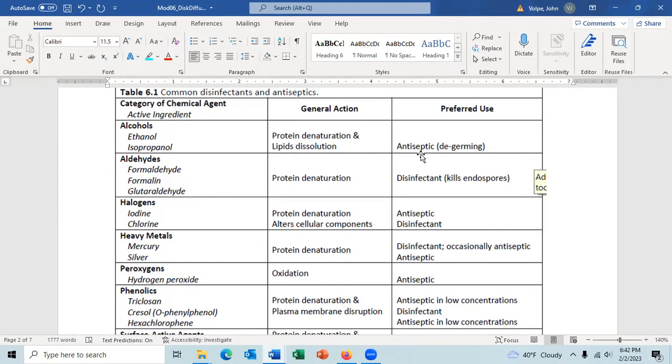We do not get rid of all of the bacteria or microbes in that area. And endospores in particular, though it does not state it here, would not be killed by alcohols. Then there's formaldehyde, formalin, and glutaraldehyde, which are aldehydes. You can look at the general mode of action and the preferred use. We usually use these as a disinfectant, and they are pretty good disinfectants. They actually do kill endospores.